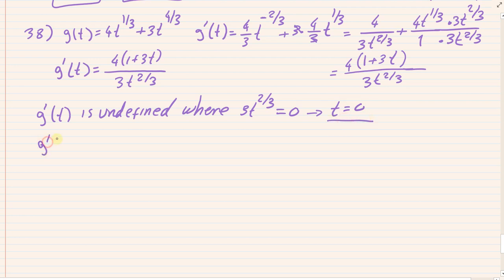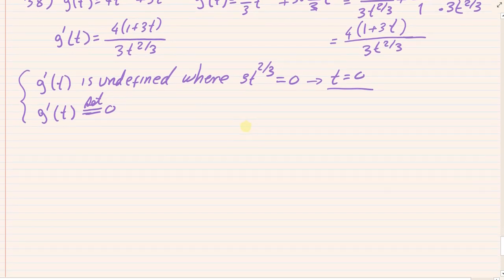Or g prime of t, set it equal to 0. That's another way a critical number can be found, where the derivative is 0 or undefined. Now, in the fraction, if g prime is to be 0, then the only way this fraction can be 0 is if the numerator is 0. So I need to set 4 times (1 plus 3t) equal to 0.